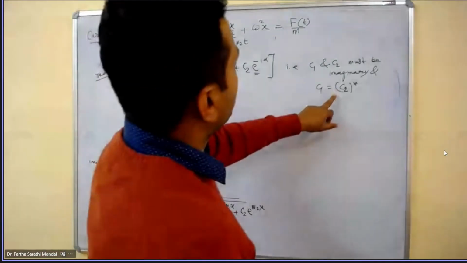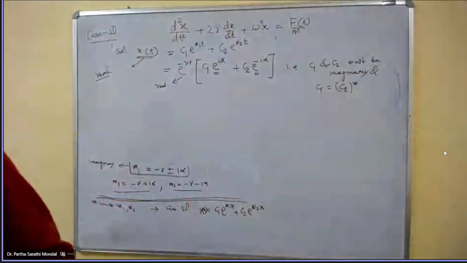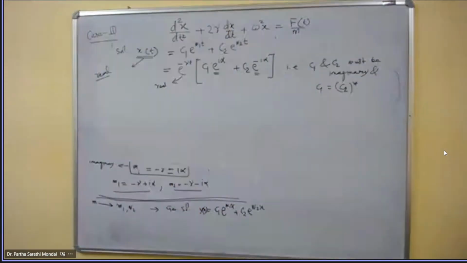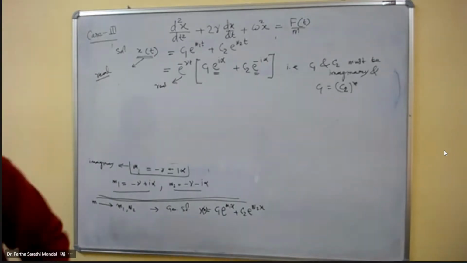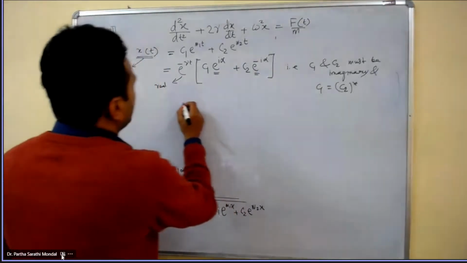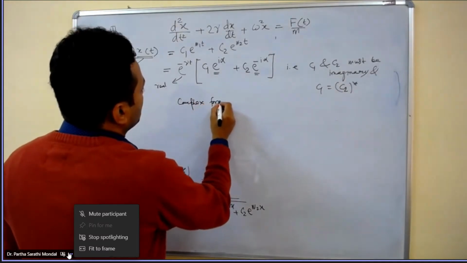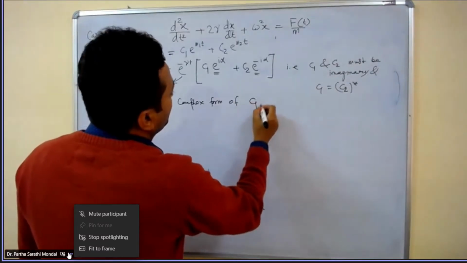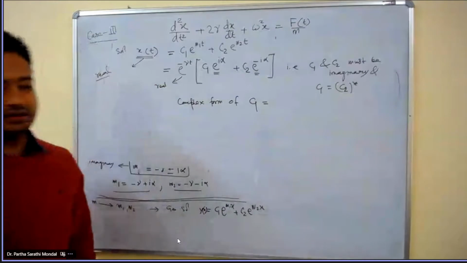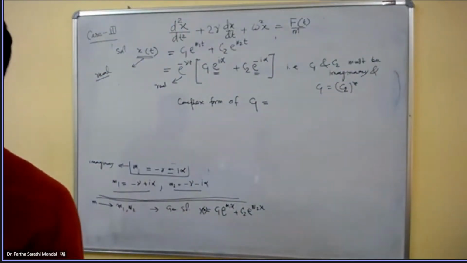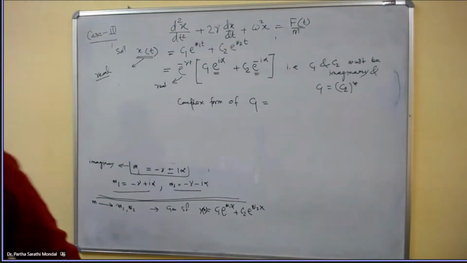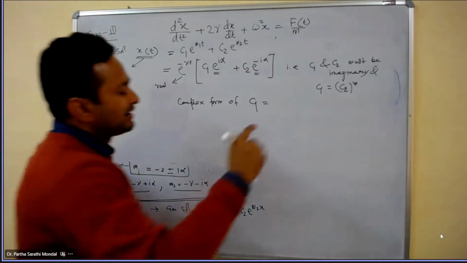So this is what we have learned in the last treatment also. So now again, what will we do? We will take the complex form of C1 equal to... an imaginary quantity we always express in polar form, so r e to the power i theta.